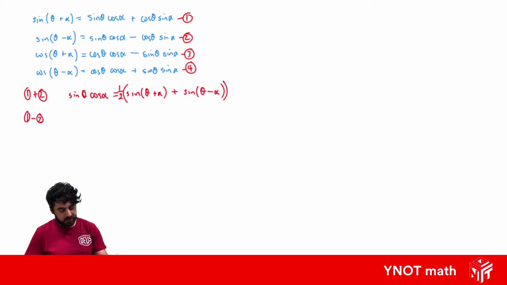And we end up getting 2 cos theta sine alpha equaling, now again we're going equation 1 minus equation 2, so we get this term minus this term on the left-hand side: sine theta plus alpha minus sine theta minus alpha. And again, let's times both sides by a half. So this half will go here and it will cancel out with the 2 on the other side.